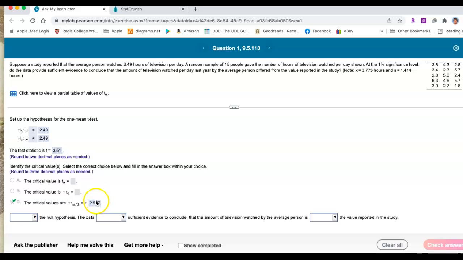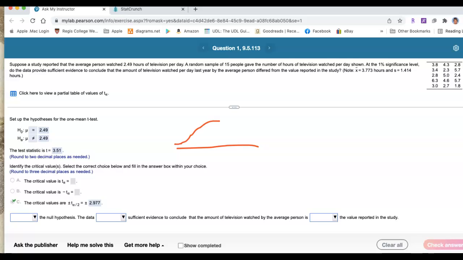If the T statistic is between the critical values, then I would not reject the null hypothesis that people watched on average 2.49 hours of television per day, because it would be between those two areas.